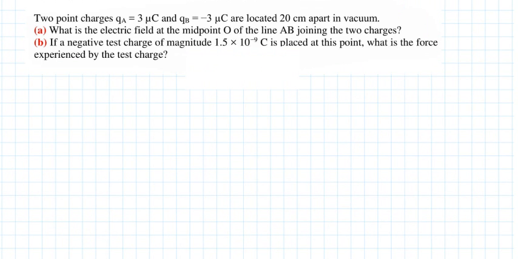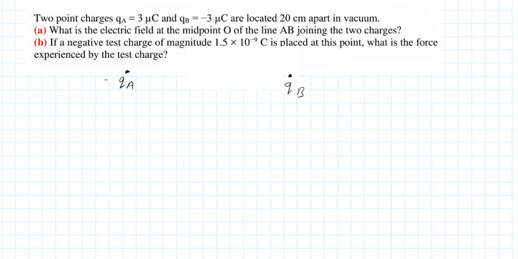Now here is our next question: 2 point charges, the magnitude of qa is 3 microcoulomb, and the value of the second charge qb is minus 3 microcoulomb, located 20 centimeter apart in vacuum. So here is our charge qa, here is our charge qb.